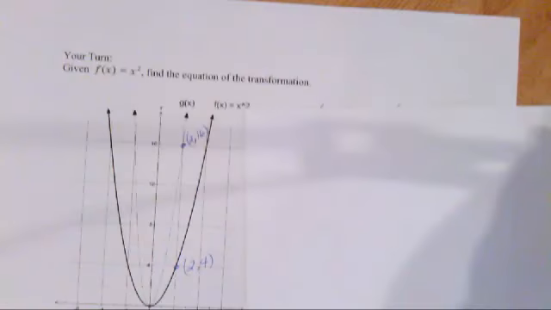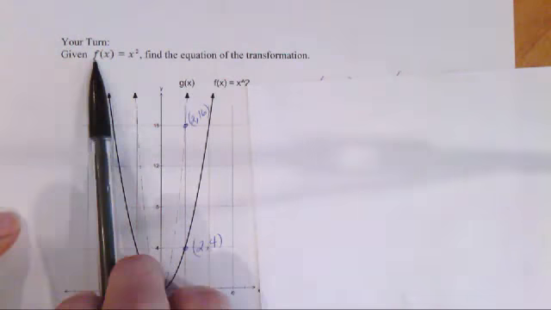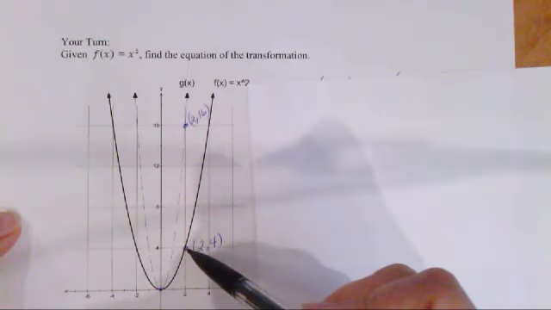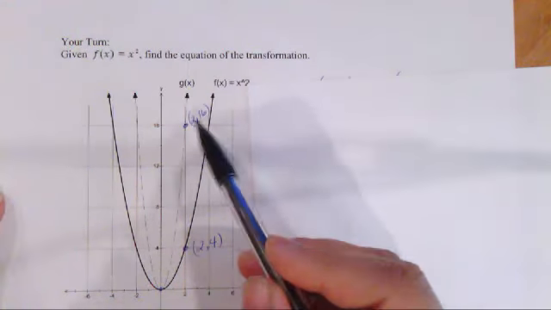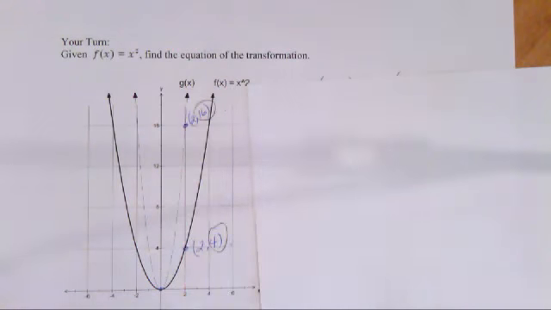And our last question for this video, whoops, sorry, camera issues. Okay, so we've got f(x) equals x squared, and what we see here is we're going to correlate these two points together. What do you notice is happening here?